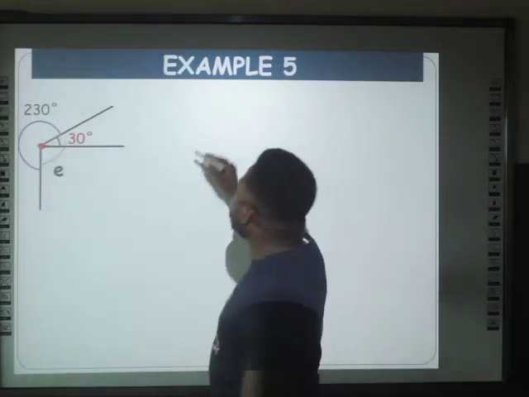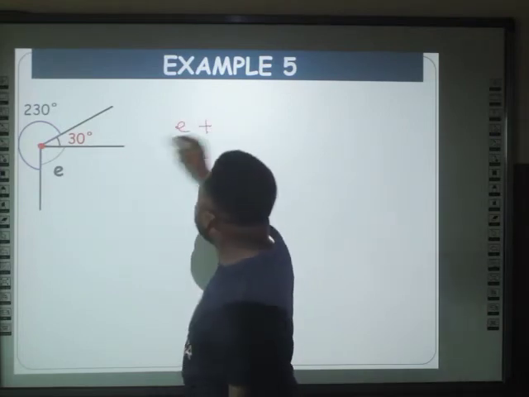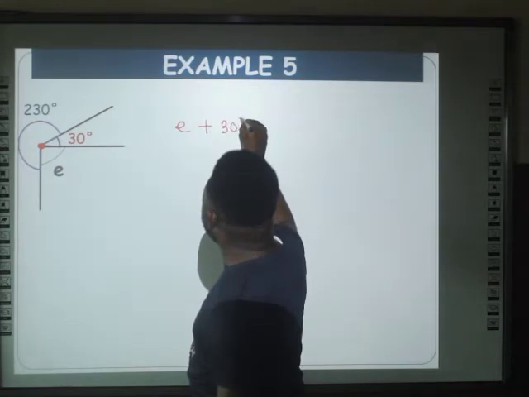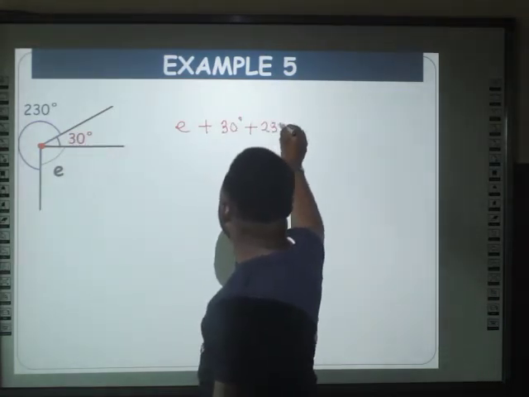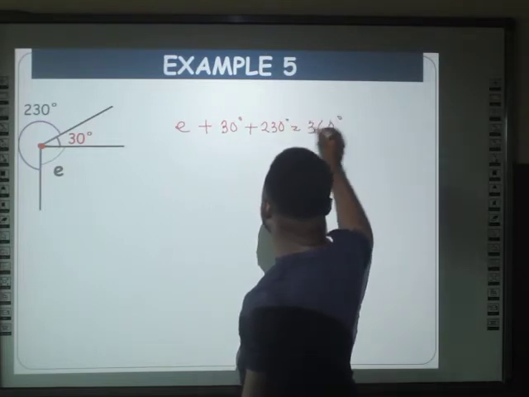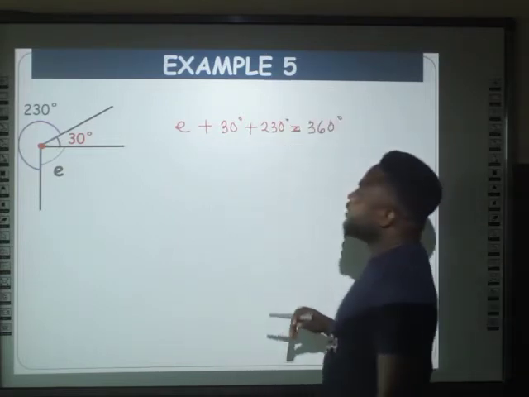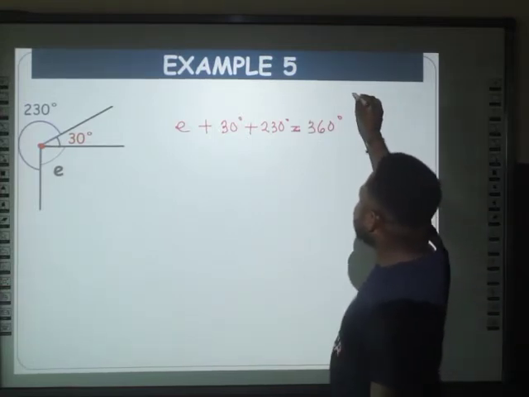So we can now say E plus 30 plus 230 degrees must be equal to 360 degrees. The addition of the three angles must be equal to 360 degrees. How did I get this?